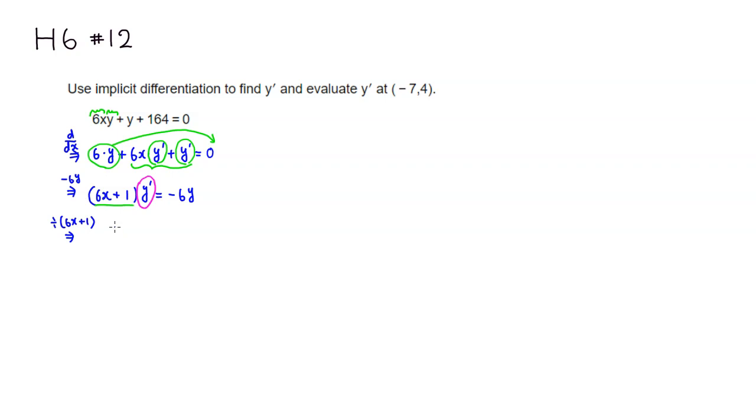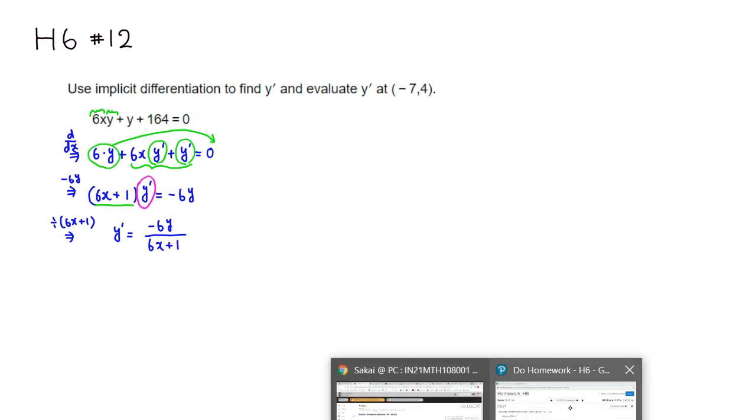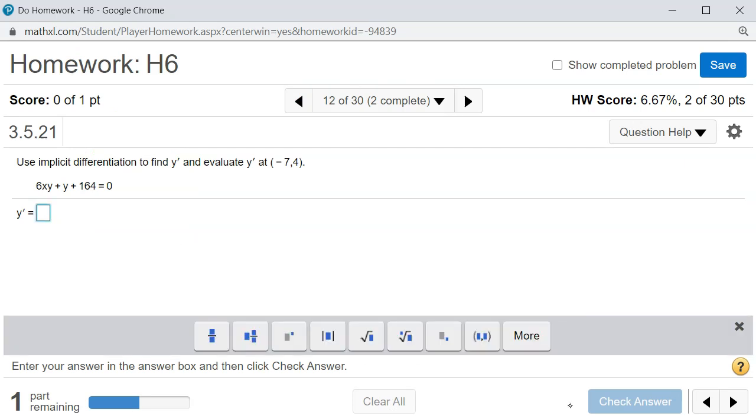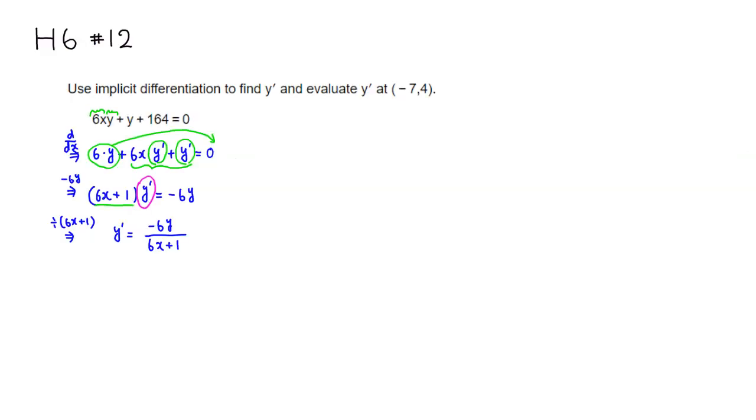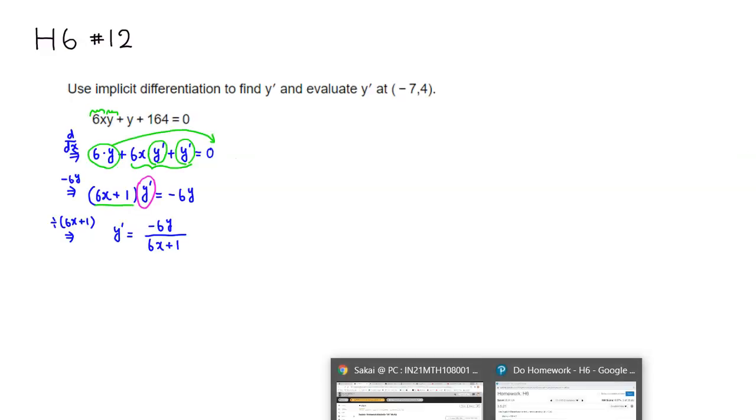So y prime is equal to -6y divided by 6x plus 1. Let's type that in: -6y over 6x plus 1. Let me double check. Yep, we got that.